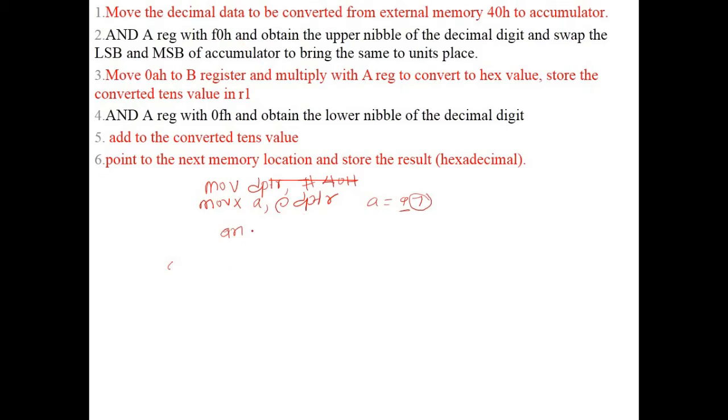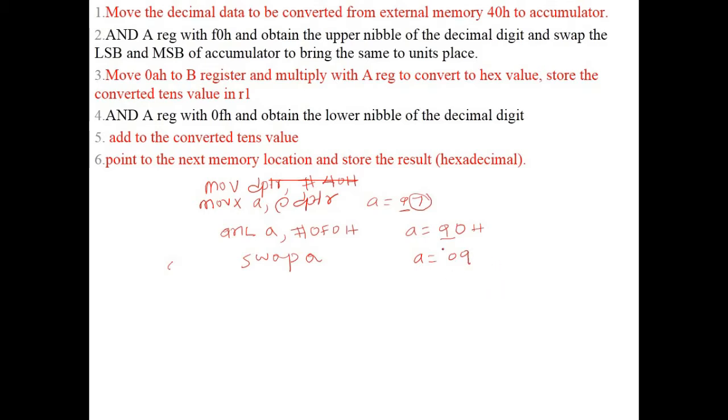The instruction for AND is ANL A, #0F0H. If we do this, A will have 90H, but we need just 9, so we need to swap the higher nibble and the lower nibble. After this instruction, A will have 09.